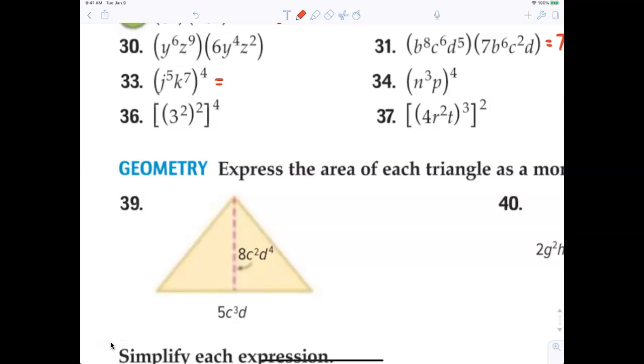J to the 50th? No. Be careful. 100? Now, what you're doing is you're actually trying to do the exponent. But remember, power to power, what do you do? Oh, 20th? Right, there you go. J to the 20th, and then K to the 20th.